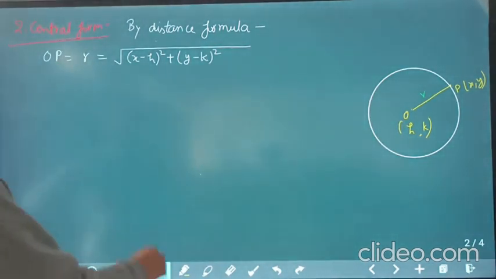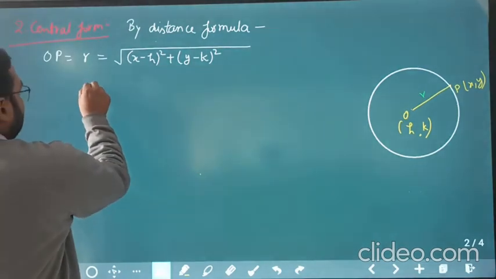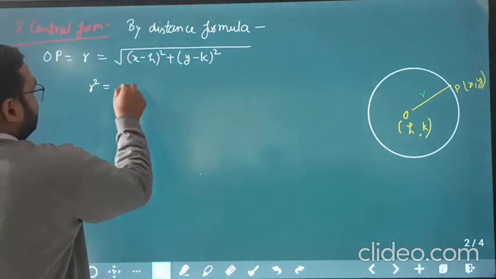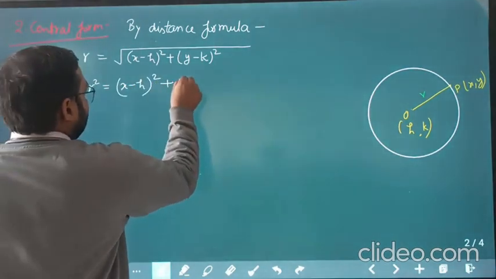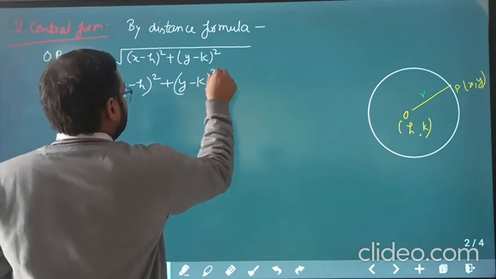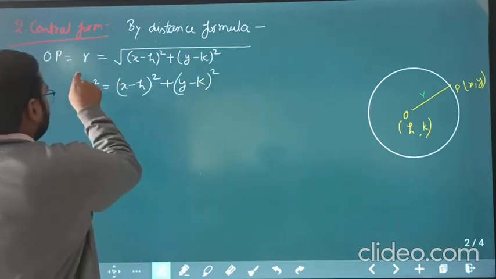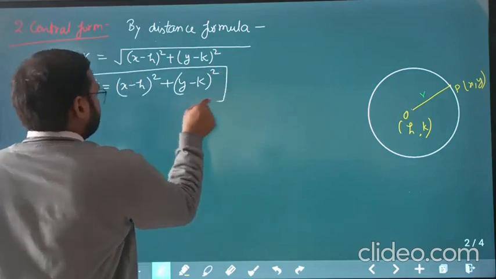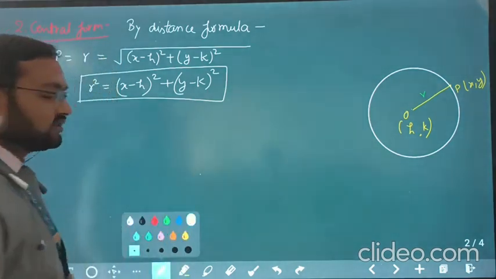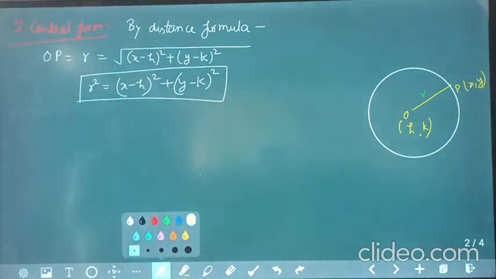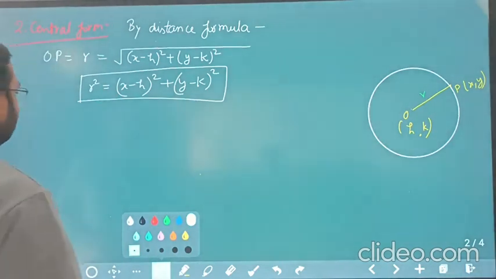On squaring both sides, we will get r square is equal to x minus h whole square plus y minus k whole square, and this is the central form. This equation is known as the central form of the equation of the circle.